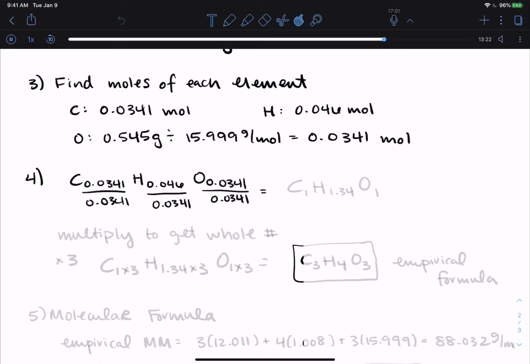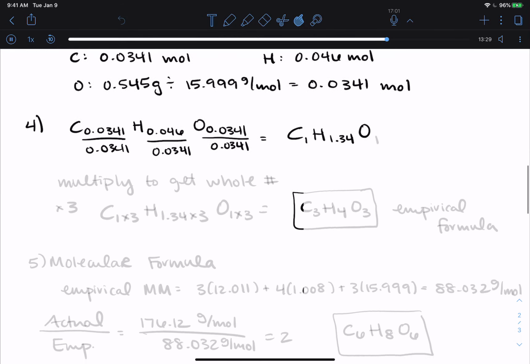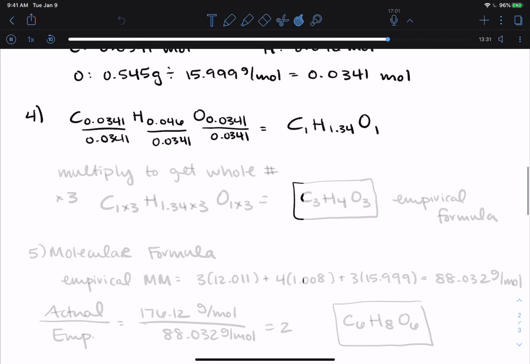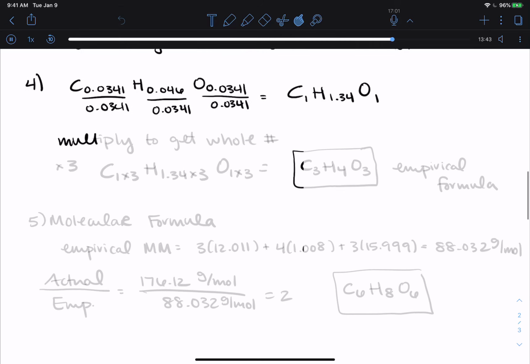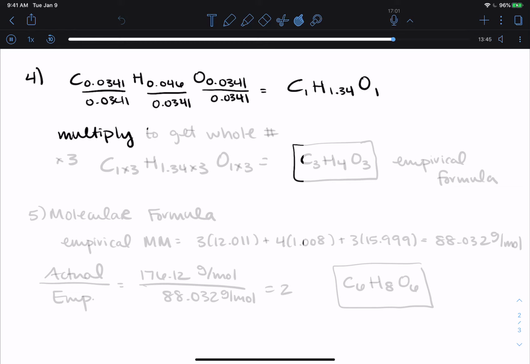And I get carbon 1, hydrogen 1.34, yikes, oxygen 1. So I got the numbers compared to each other, but I didn't end up with a whole number. So this is where you multiply to get whole numbers. So your empirical formula still has to have whole numbers. We can't leave it as these decimals or fractions.